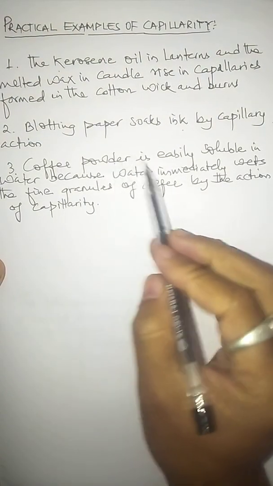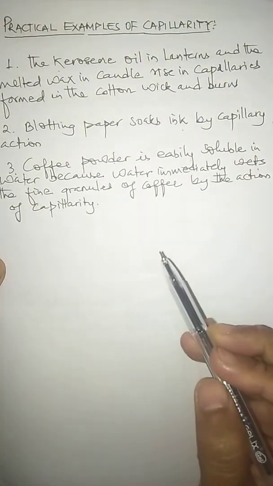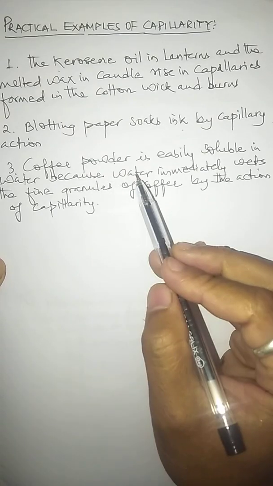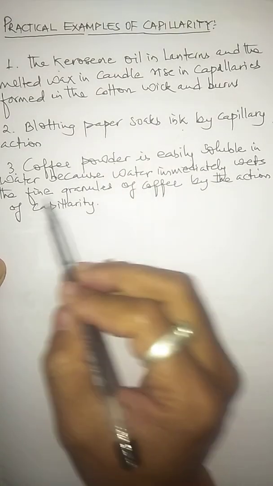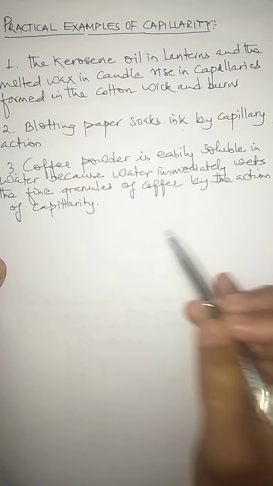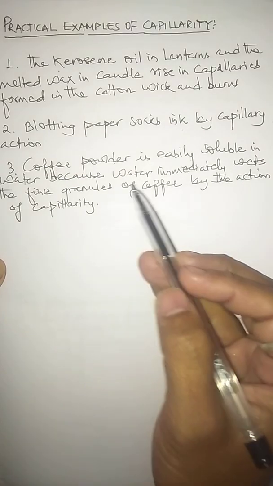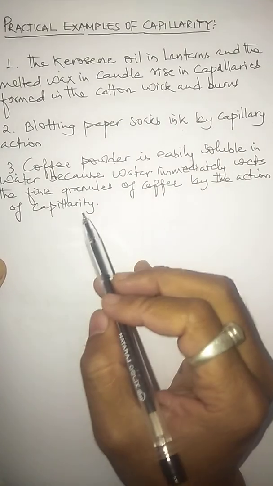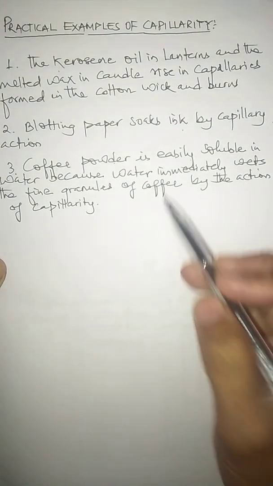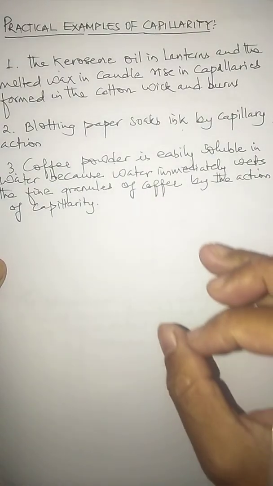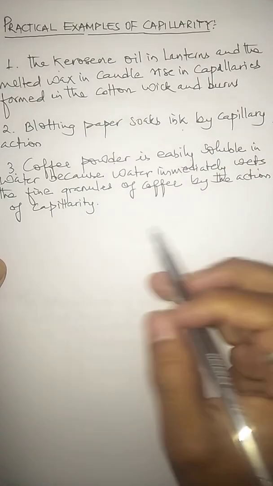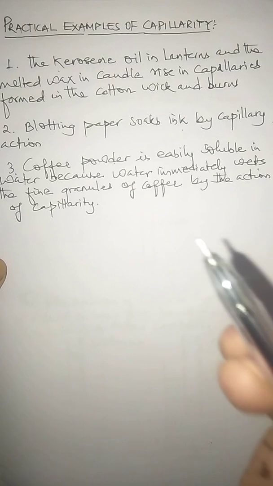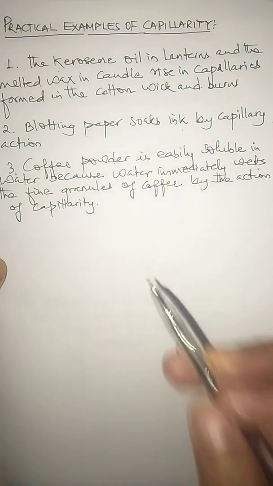Coffee powder is easily soluble in water. Why? Because the water immediately wets the fine granules of coffee, and this water passes through the fine granules of coffee by the action of capillarities. Due to that, coffee powder, when put in water, is easily soluble.